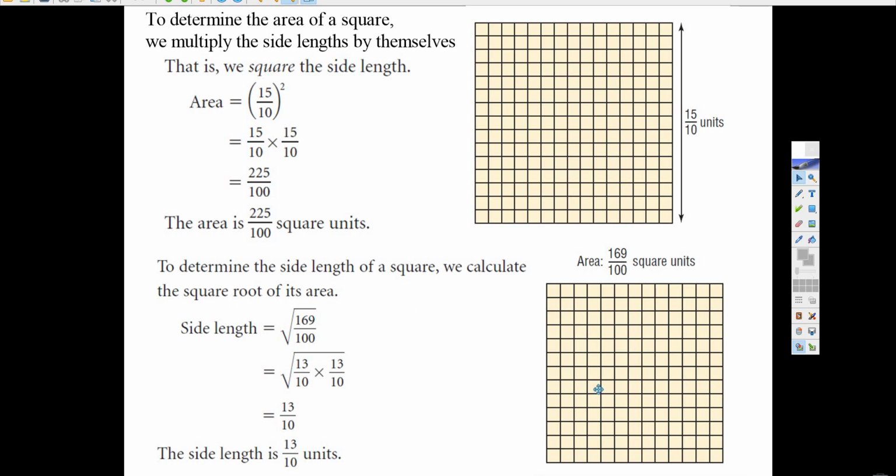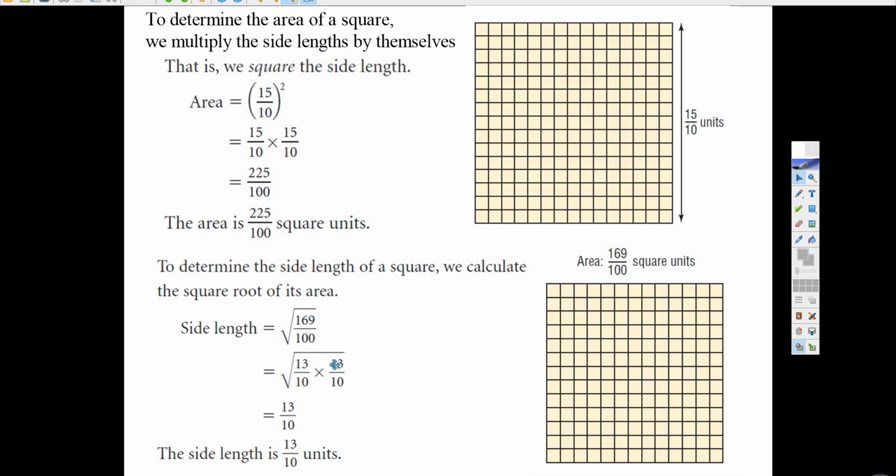What if you knew the area was 169 over 100 square units? Gee, that's 1.69 units, if we changed it to a decimal. But if we knew this is the area, how would we figure out the length of one of the sides? Well, we'd take the square root.